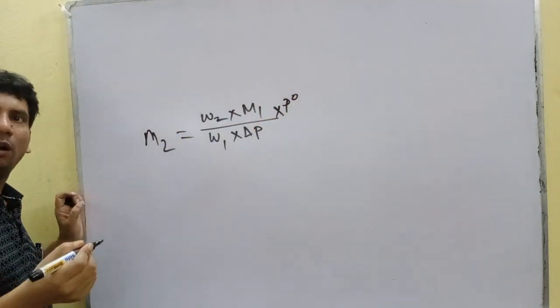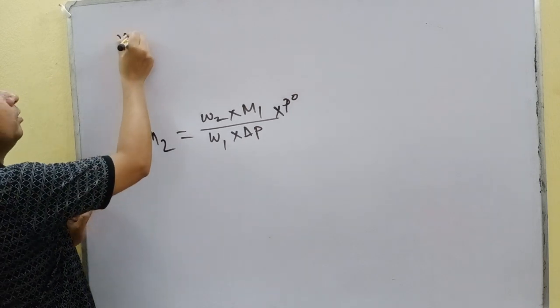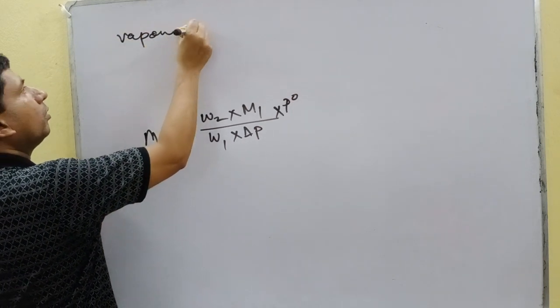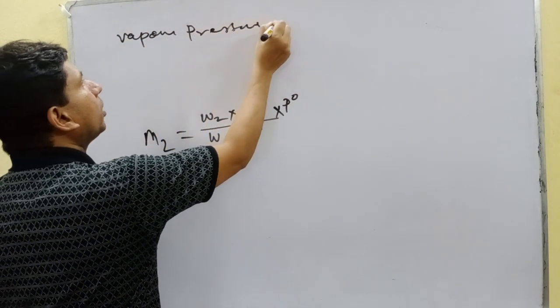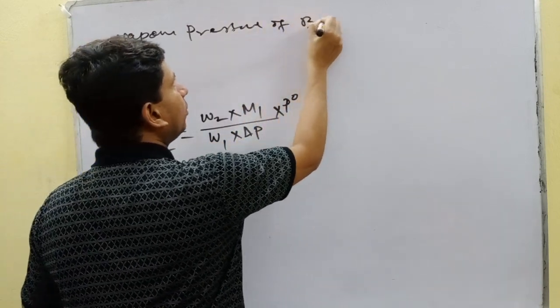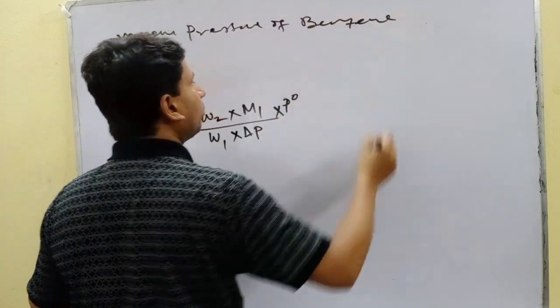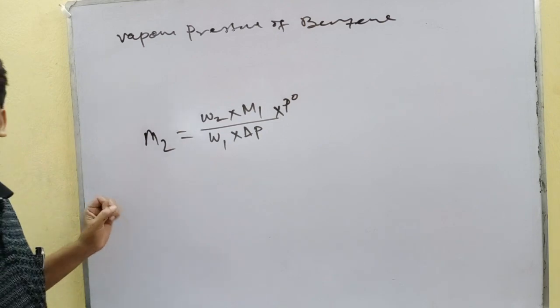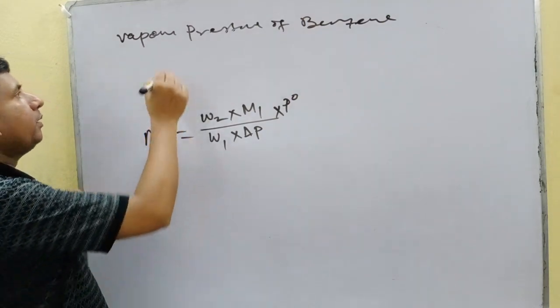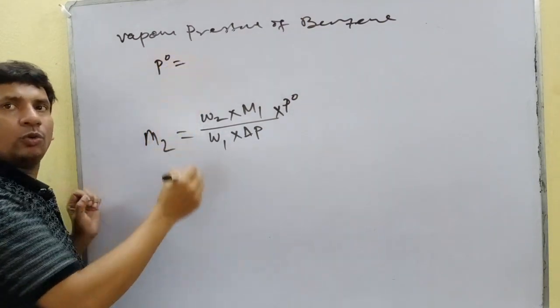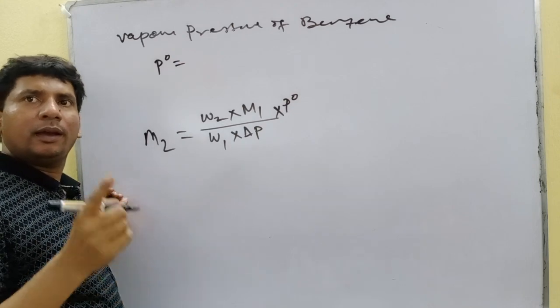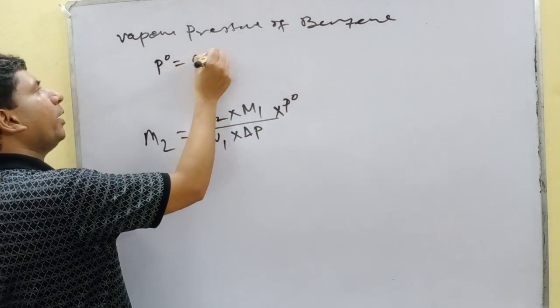The vapor pressure of benzene, P0, equals 0.85 bar.